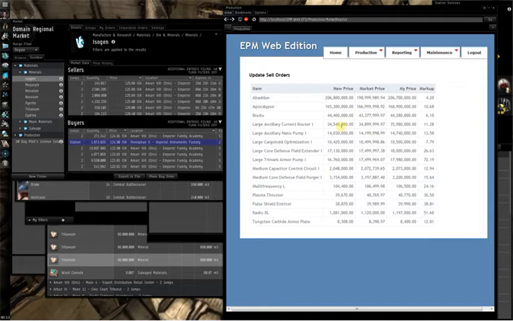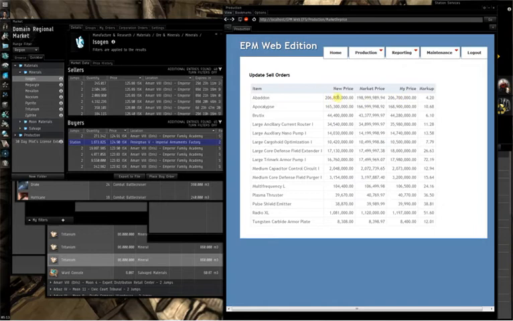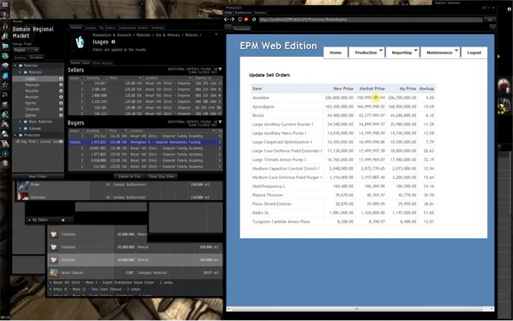And Abaddon here is a pretty good case. My price yesterday was 206.7. It got bounced to 206.8 today because of the minimum markup change, and that's sitting about 7.8 million above the pack. The reason for that is twofold.